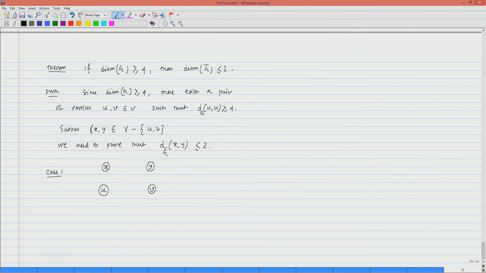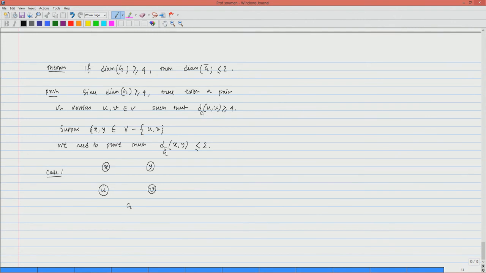Now, x can't be adjacent to both u and v in G. So, this is the situation in G. If x is adjacent to both u and v, then there is a path of length 2 between u and v in the graph G. But the distance between u and v in the graph G is greater than or equal to 4.